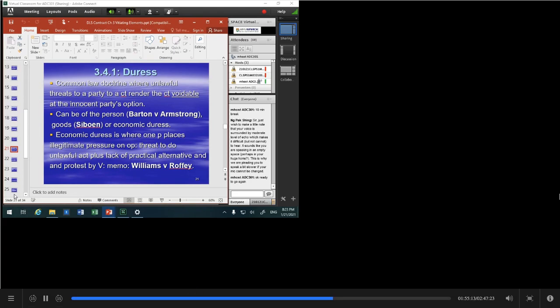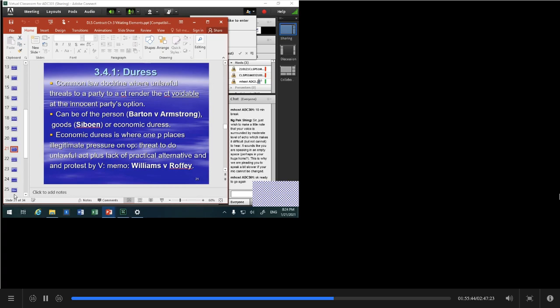Are your relationships equal, or are your relationships such that one party is a dominant party and the other party is the servient party, or if you like, the weaker party?